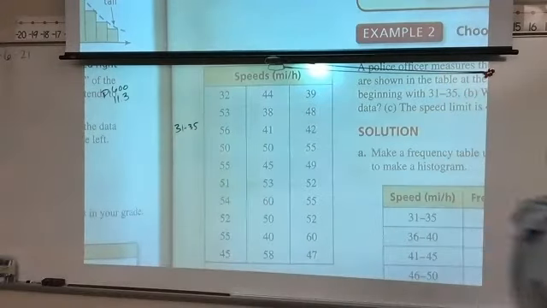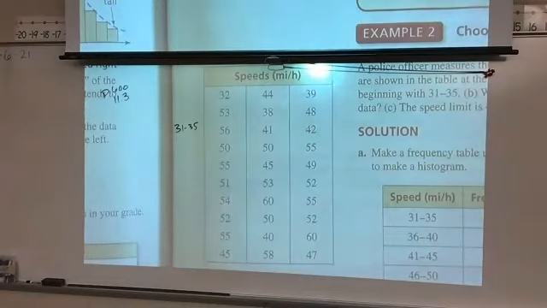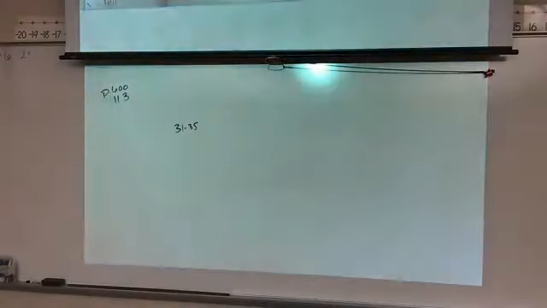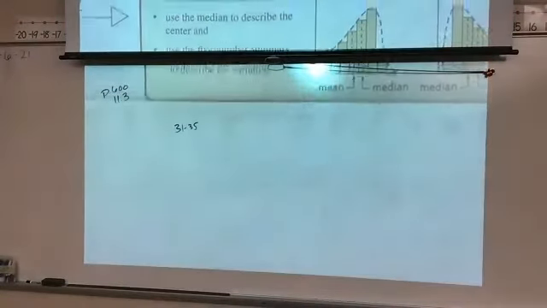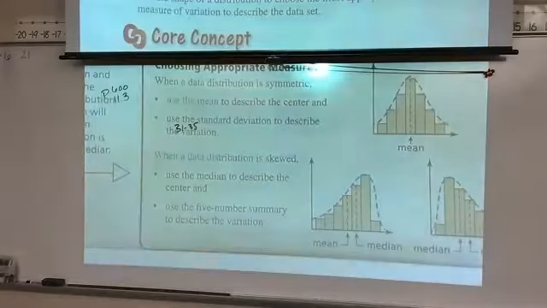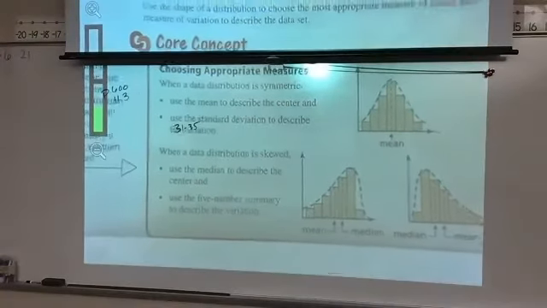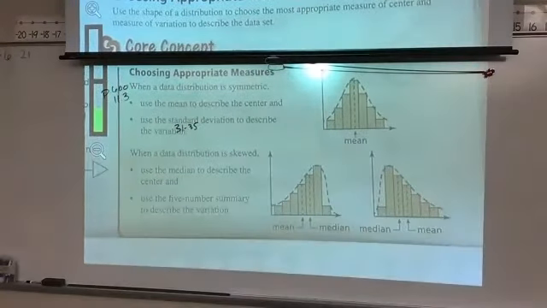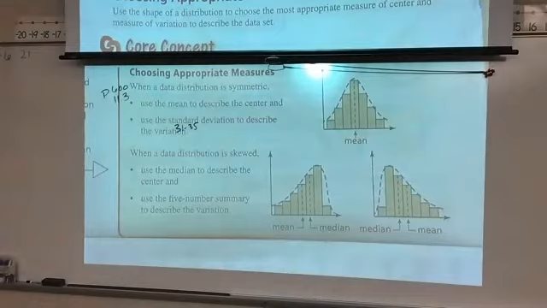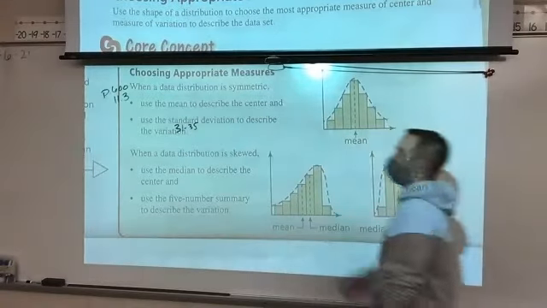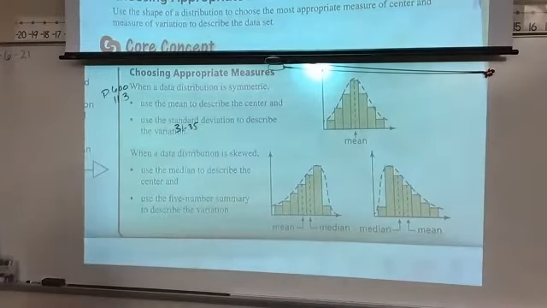So that's the sort of thing you're looking at with a histogram. Any questions on what a histogram is, what it looks like? All right. So beyond just creating it and what type of distribution we have, you're going to be asked a lot of questions about this stuff. So you're going to want something down in your notes about choosing the appropriate measures.